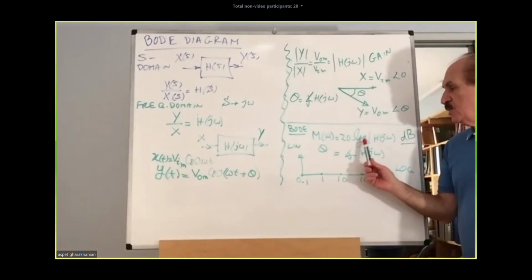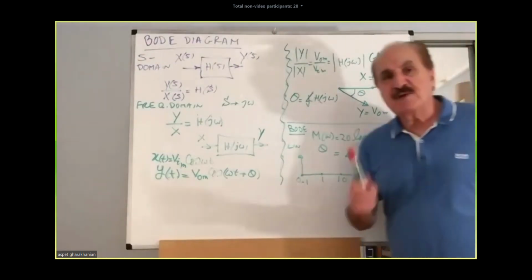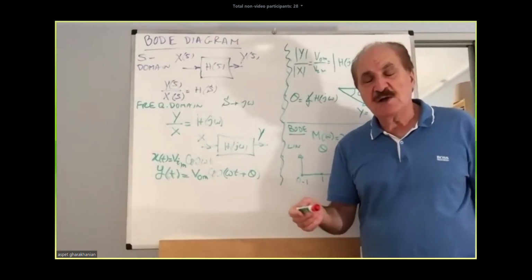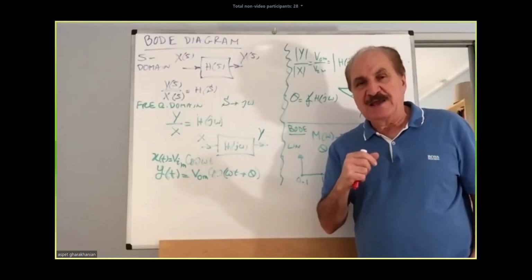So 20 logarithm of the gain will be dB. It is very important to take the 20 log, which later will become obvious why we do that.